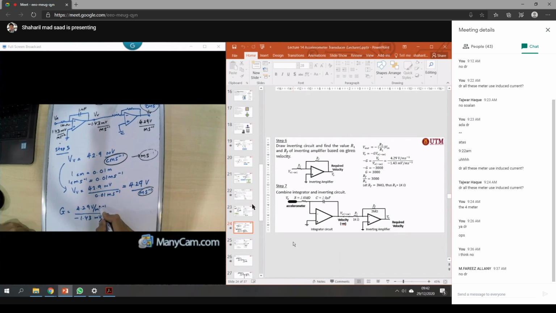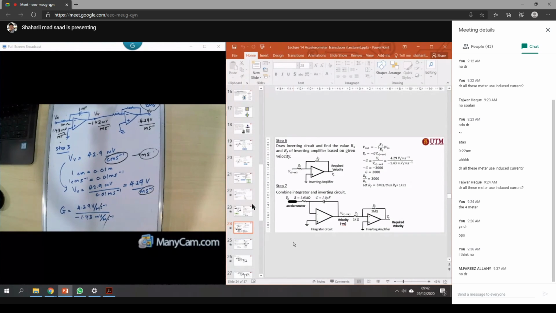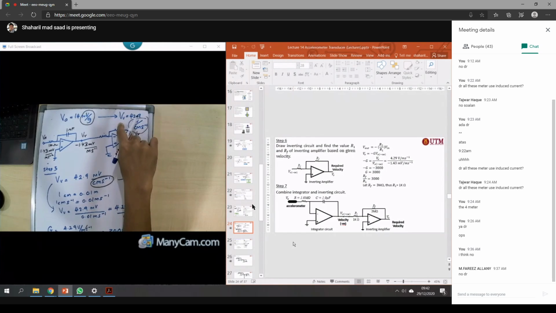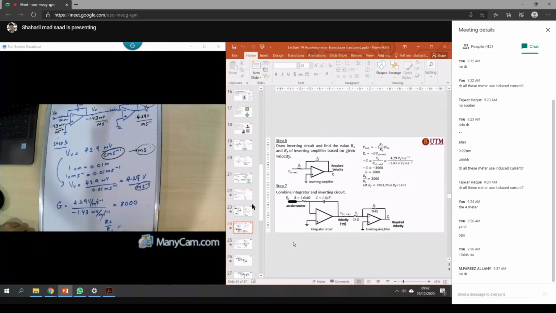So this one we cancel out. Then we got here equal to 3000, your gain, RF divided by R1. This one is your RF divided by R1 equal to 3000.